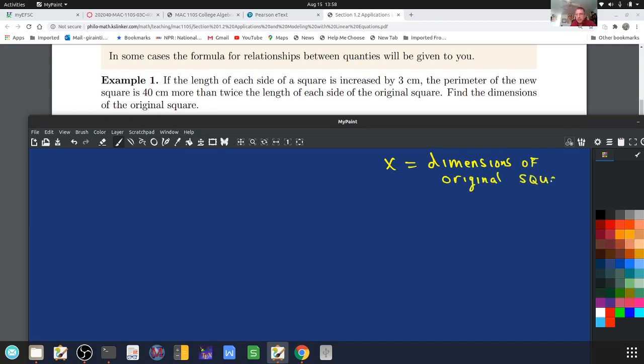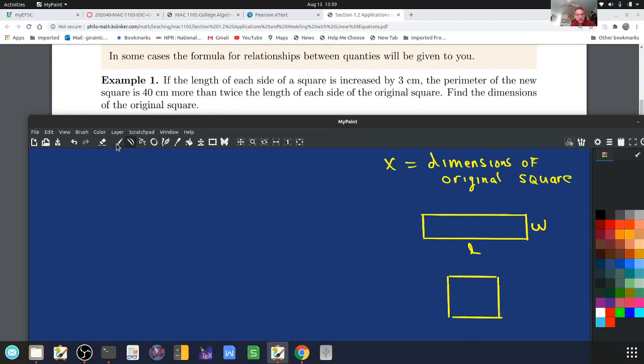Now remember, a square is just a special type of rectangle, which I'm attempting to draw right here. So what are the dimensions of a rectangle? The length times the width. But in a square, the length and the width are identical.